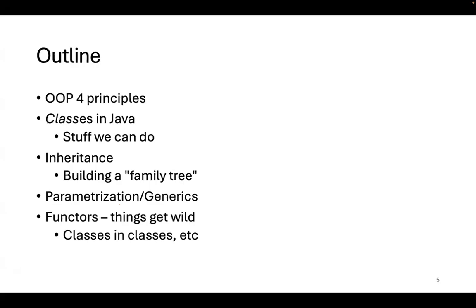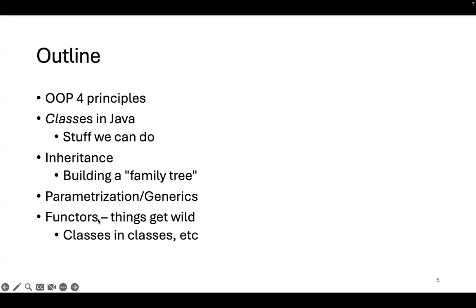So the outline includes, we'll go over the 4 principles of object-oriented programming today. We'll look at classes in Java, kind of bringing in all this terminology, things we can do with it. Then we'll go into inheritance of building a family tree of classes. And we'll look a little bit about parameterization and generics.